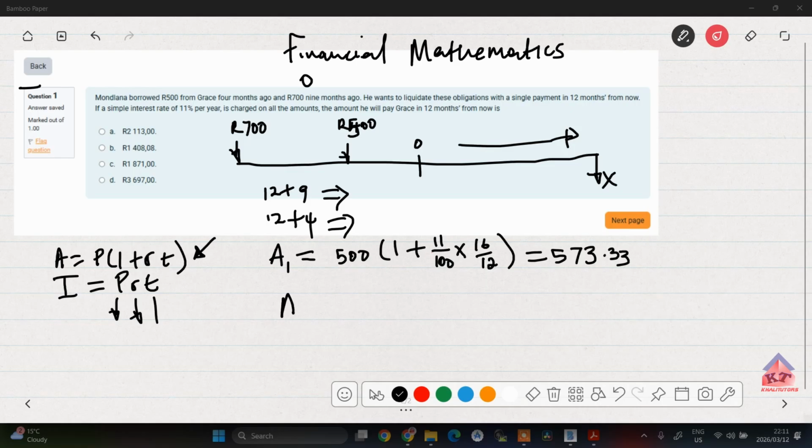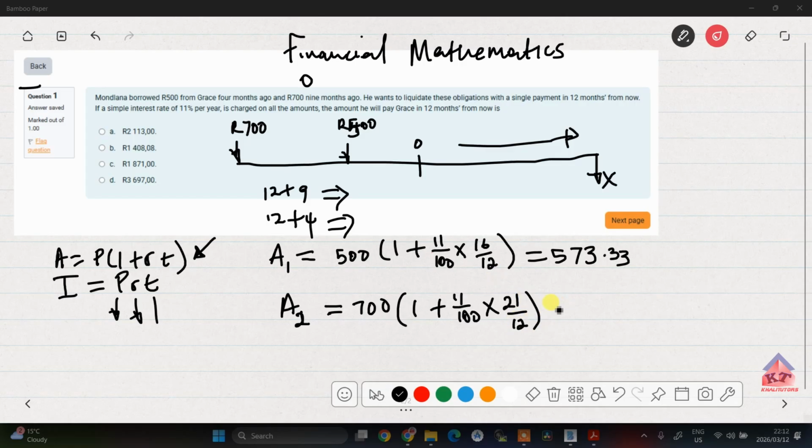And for the second case, we are going to do the same thing. But this time it's 700. Then we are going to have 1 plus, this won't change, 11% divided by 100, multiplied by 21 over 12.